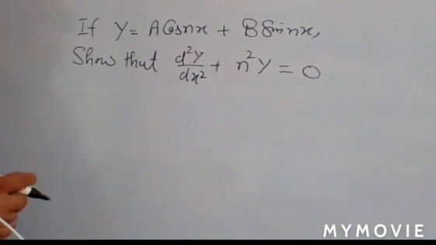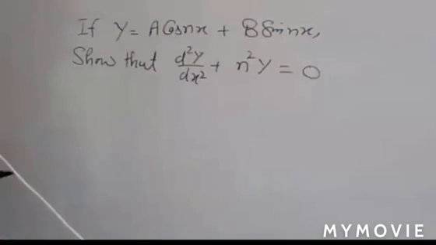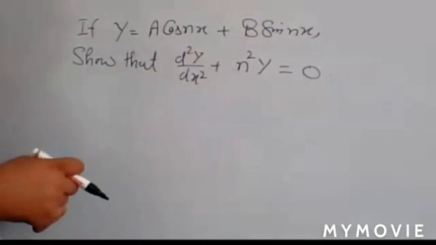You have to prove this result. y is equal to a cos nx plus b sin nx, and you have to show this.